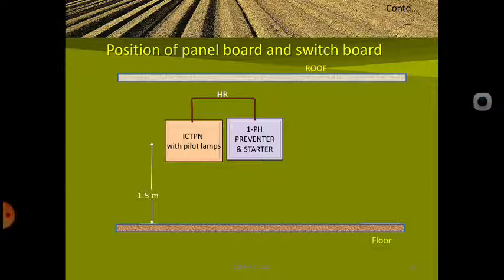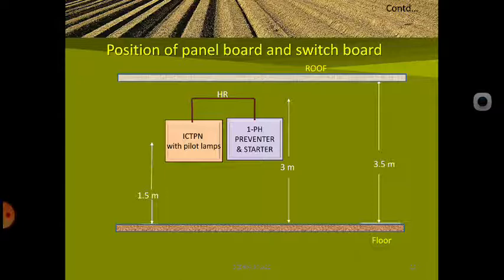At the same time, the horizontal run has to run 0.5 meters below the roof. Let us assume the height of the room is 3.5 meters. That means the horizontal run is nearly 3 meters. Next, the total length of the room is 3.5 meters in height.